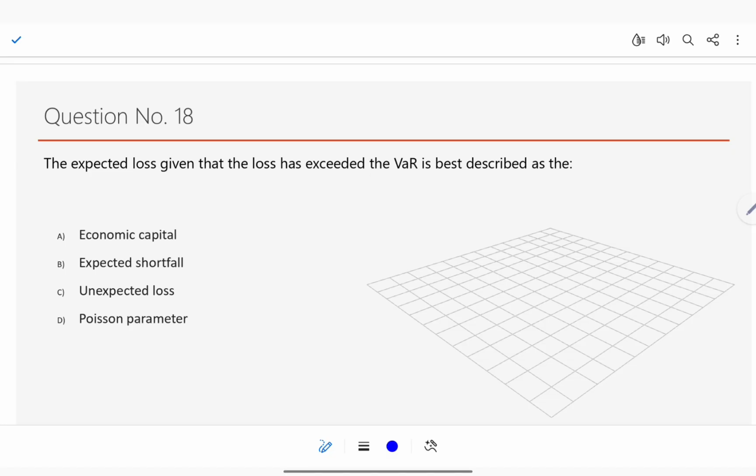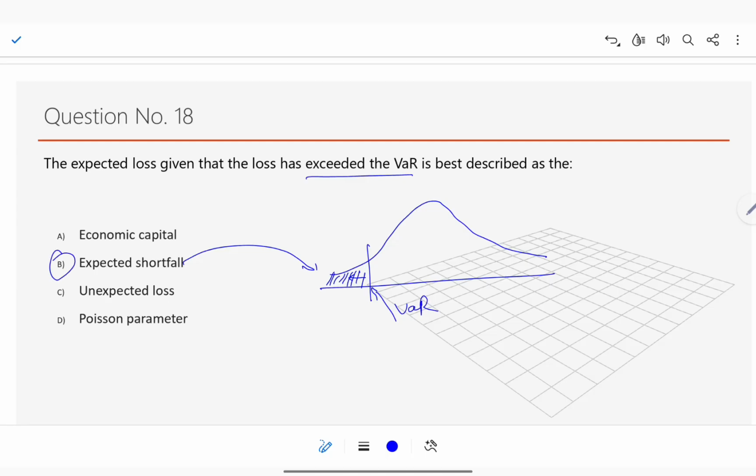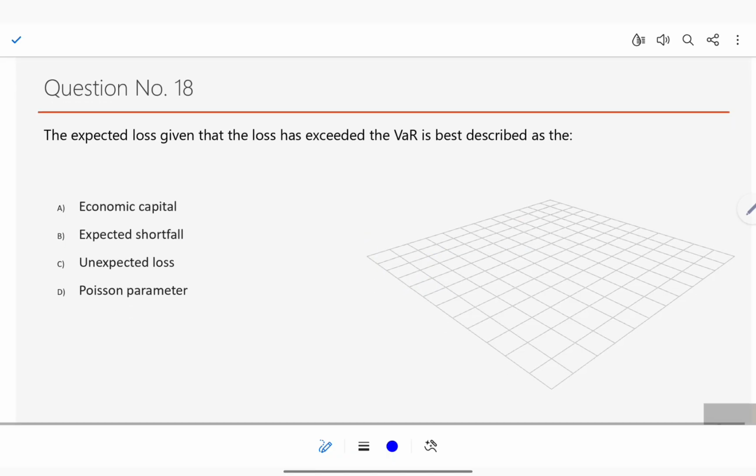The expected loss, given that the loss has exceeded the VAR, is best described as expected shortfall. See, if this is the VAR and the loss goes beyond it, it becomes the expected shortfall. This is the answer. Not to waste time on this.